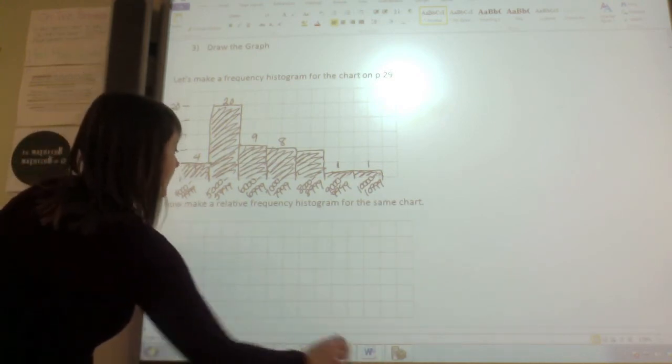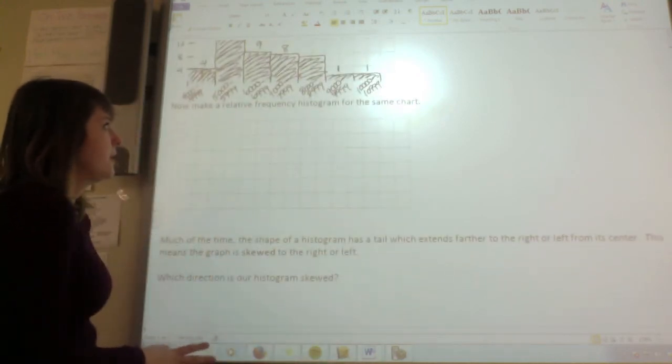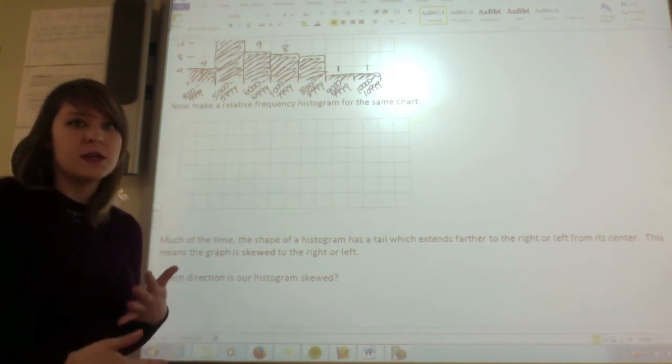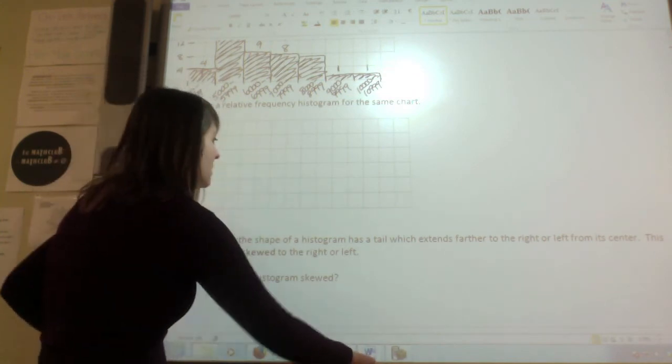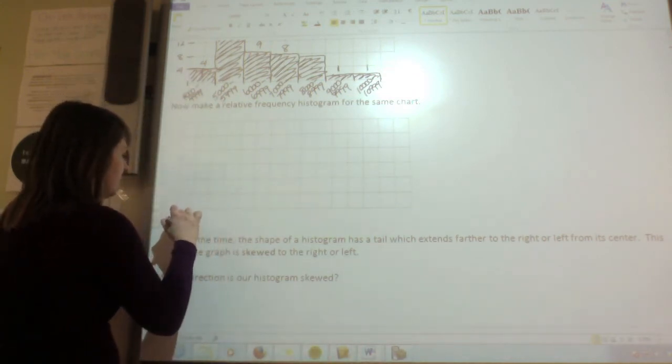Next up, I want to create a relative frequency histogram for the same chart. So I'm doing the same thing, it's just now I'm coming up with percentages instead of frequencies. So I'm going to create the same groupings at the bottom.